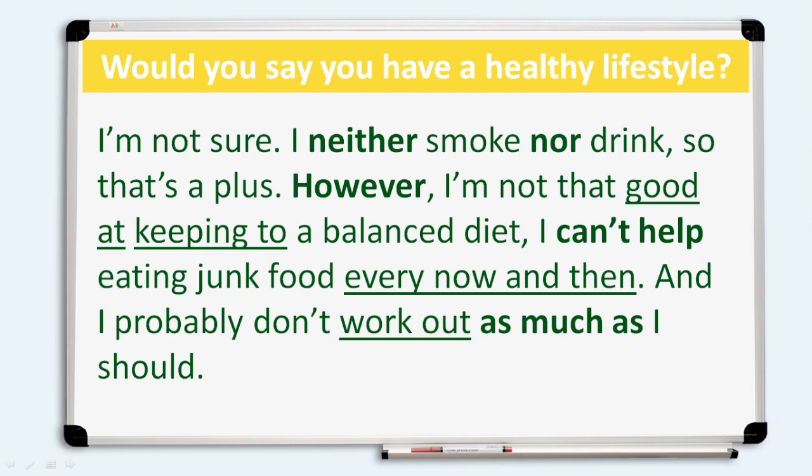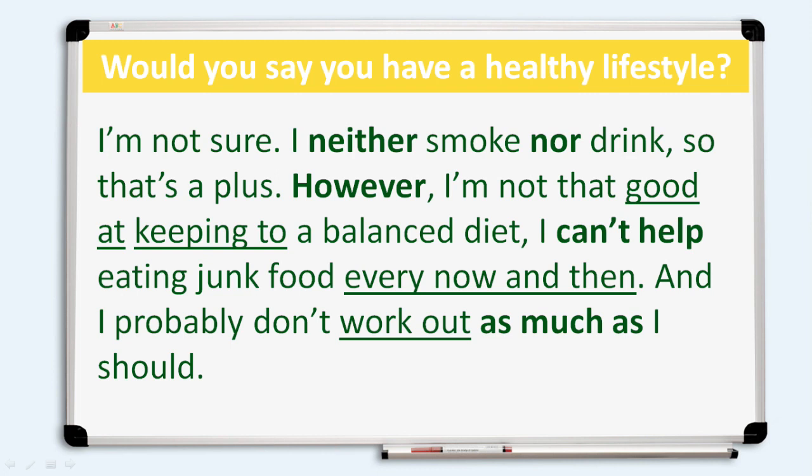I made a contrast between my strong and weak points, using however as a linking word. Also, instead of saying I don't smoke and I don't drink, I said neither nor, which sounds much better.